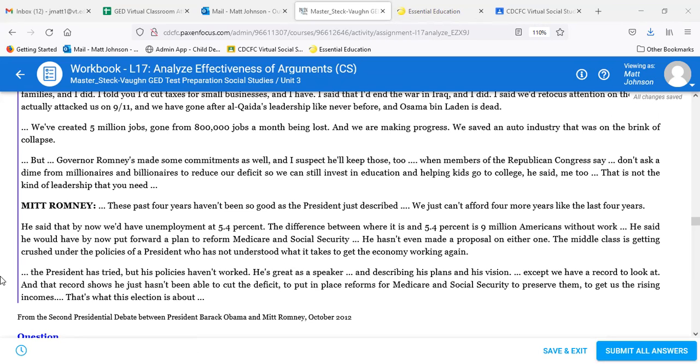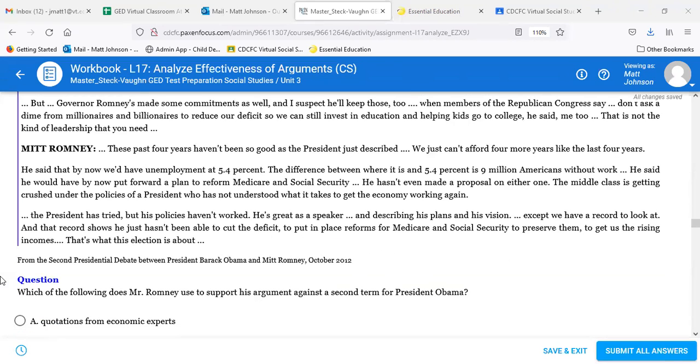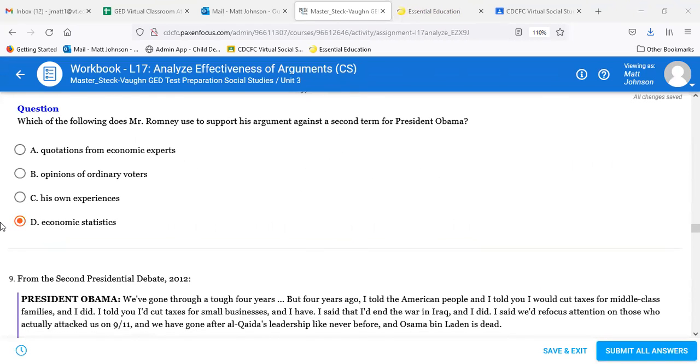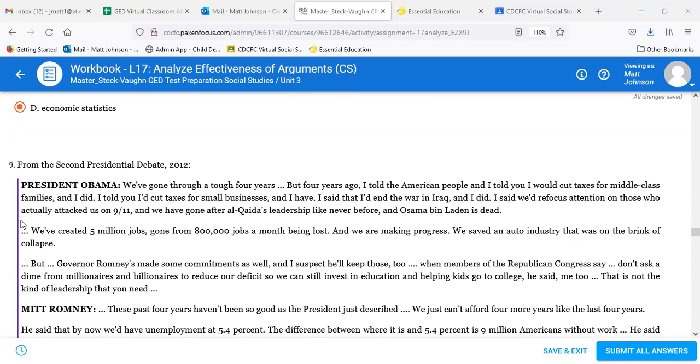So when you see actual numbers, if they're talking in specifics, especially like 5.4% and 9 million, those should be pretty sound statistics. You want to sometimes make sure that they're not just making general statements, but that's typically pretty sound evidence that they're using some good statistics there. So 8 is D as in dog.